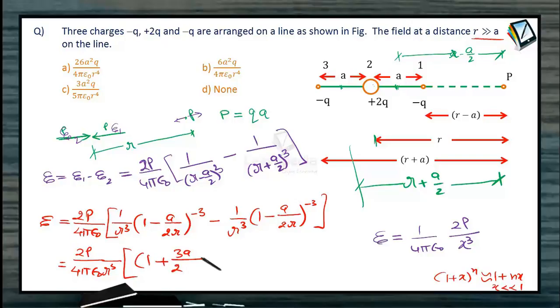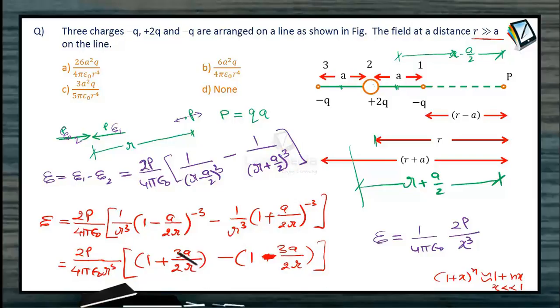I have multiplied the power here with this approximation. And of course I made a mistake, it was plus here, so it will remain minus, since it was r plus a by 2. Okay, so these two terms are going to get added. So 3a by 2r and 3a by 2r, both combined become 3a by r.